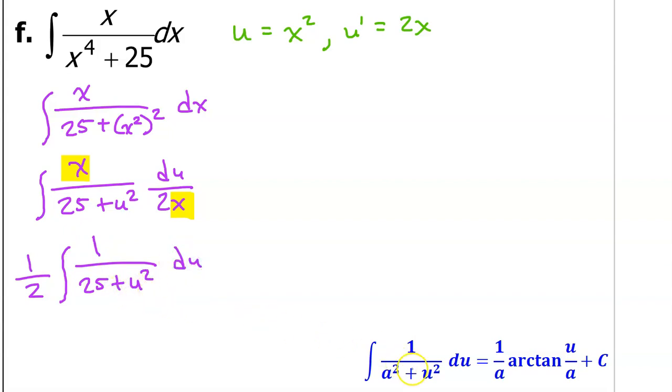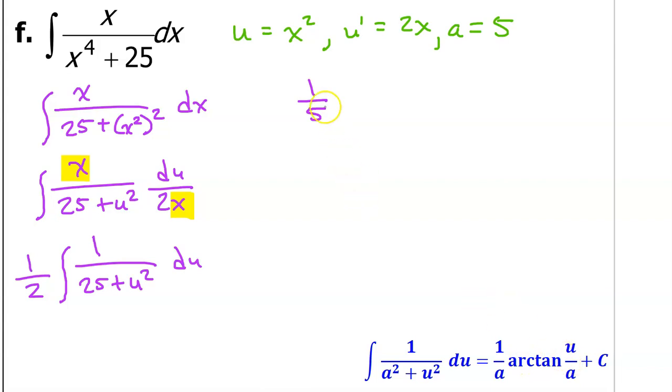This matches the rule perfectly with an a value of 5. The a value is always the square root of the constant. Let's apply the rule. We need 1 over a, so that will be 1 over 5.